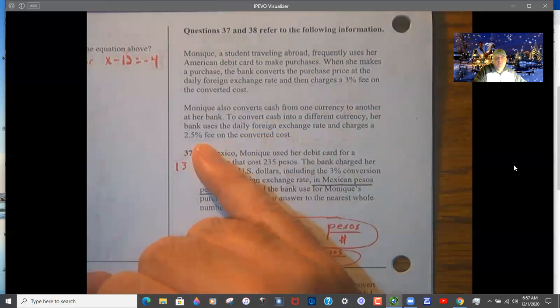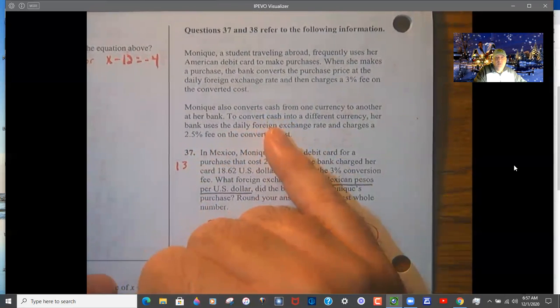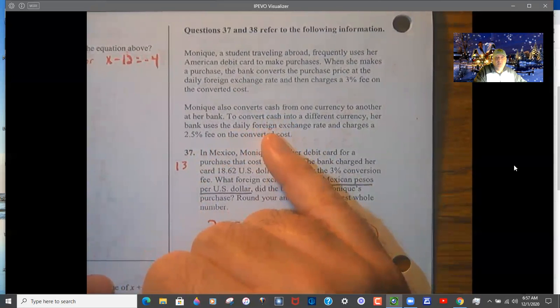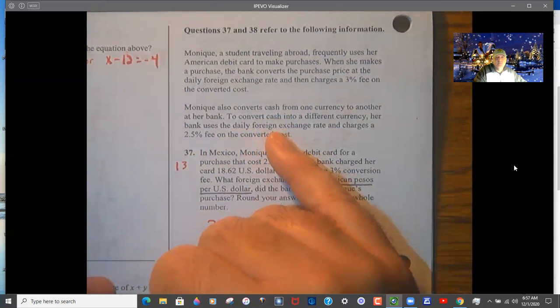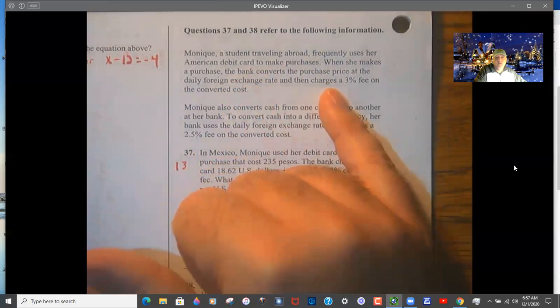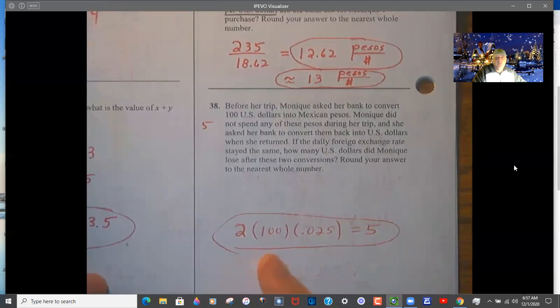It charges 2.5%. So you need Monique's bank here, 2.5%. This conversion, the whole 3% is purchases. So it's a conversion thing. Twice $100, 0.025. And that gives $5 that she lost. So that concludes test number 1 for test prep assignment number 5.